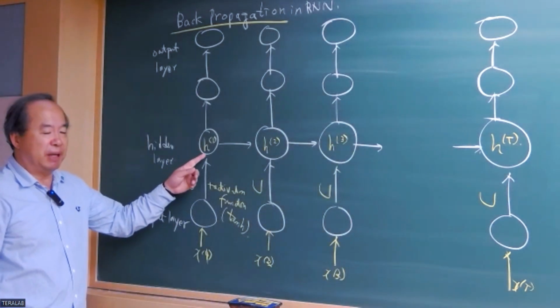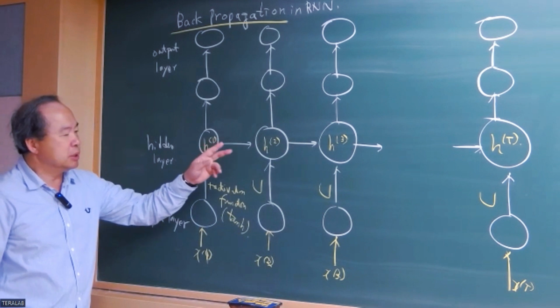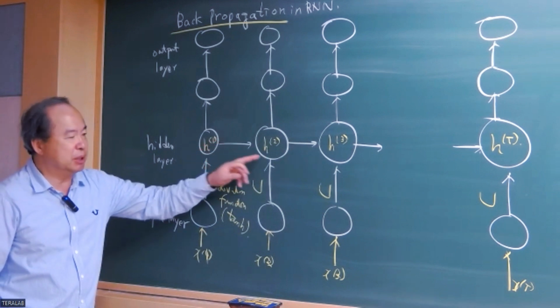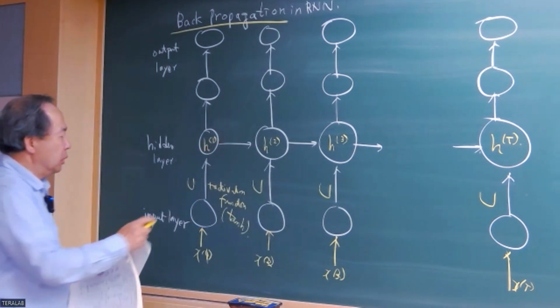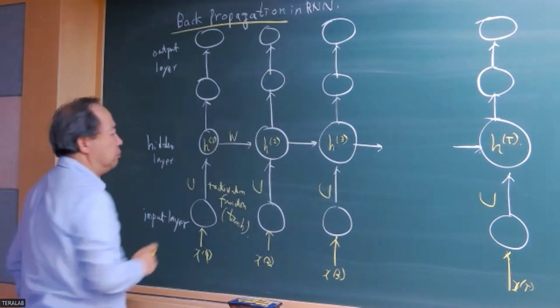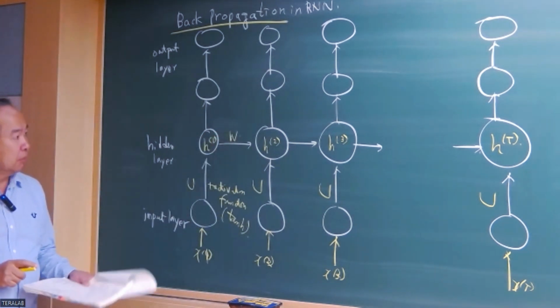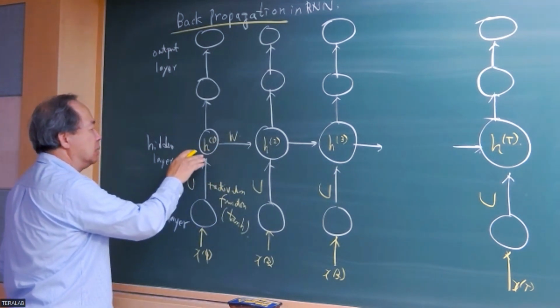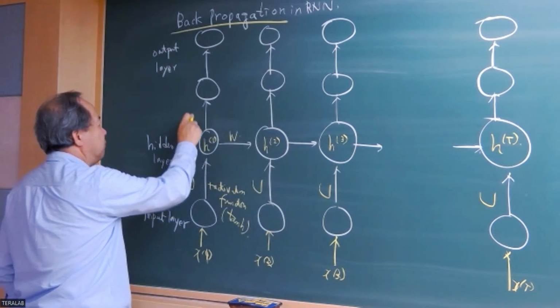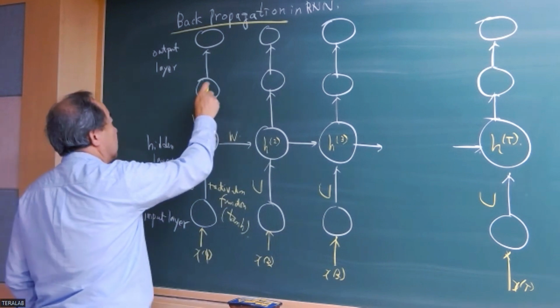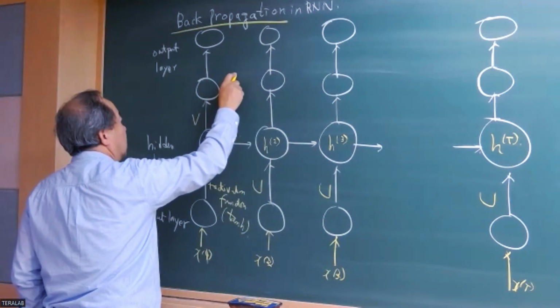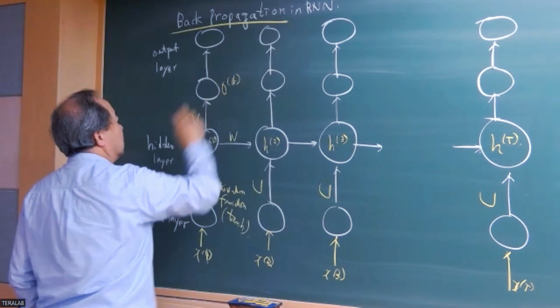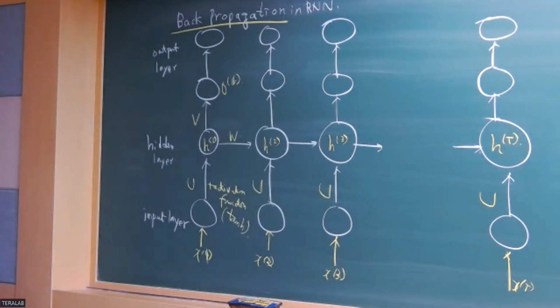This hidden layer vector will be supplied to the next step hidden vector. At that time, we are going to use the W matrix. And then the output hidden layer will be multiplied by the V vector, and that's going to be the internal vector O1.